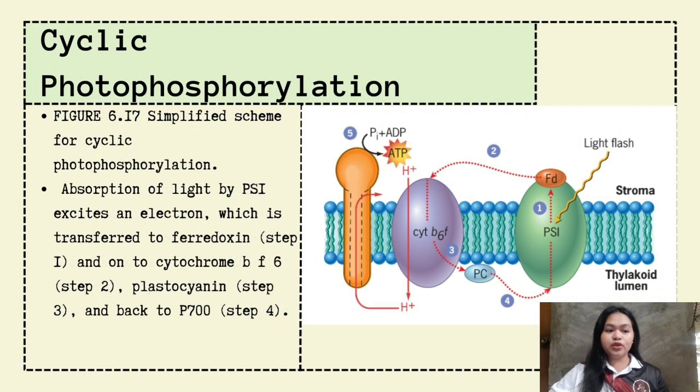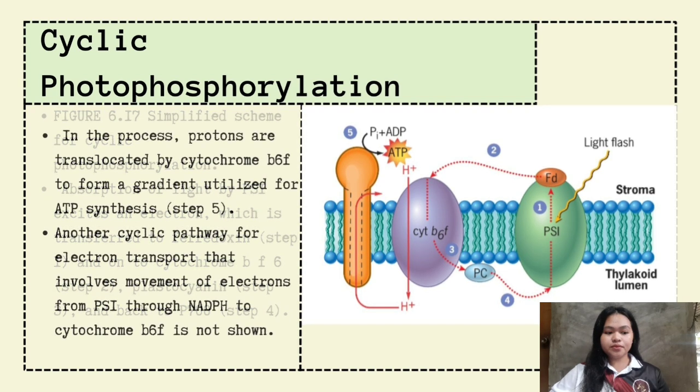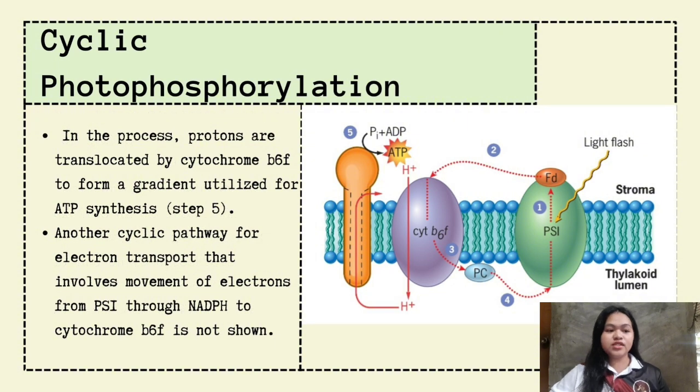Under the cyclic photophosphorylation, figure 6.17 is a simplified scheme for cyclic photophosphorylation. Absorption of light by photosystem 1 excites an electron which is transferred to ferredoxin and to cytochrome b6f, plus to plastocyanin and back to P700. In the process, protons are translocated by cytochrome b6f to form a gradient utilized for ATP synthesis.